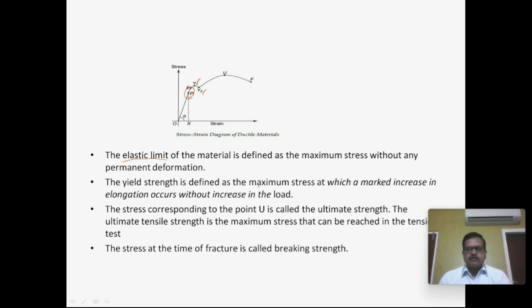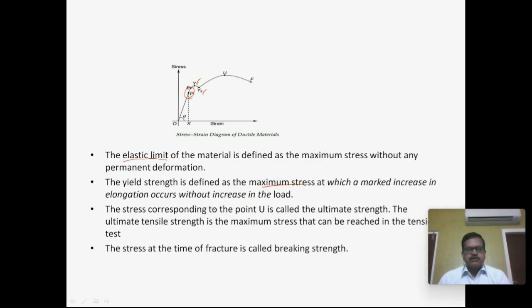So the yield strength is defined as the maximum stress at which the marked increase in elongation occurs without increasing the load. So here you can see from y1 to y2 there is no increment in the stress. That means there is no increment in the load, but what happens, there is an increment in the strain.